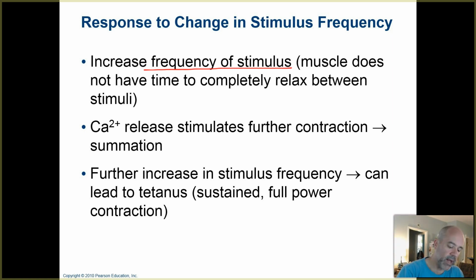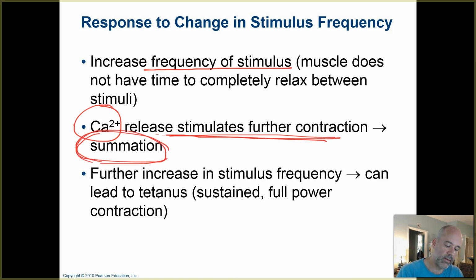Because every time an action potential comes from a motor neuron and sets off that chain of events, the EC coupling, your excitation contraction coupling, calcium ions are going to come out of the SR and they're going to stimulate further contraction. This is something that's called summation. So multiple stimuli summate or increase the overall contraction force.